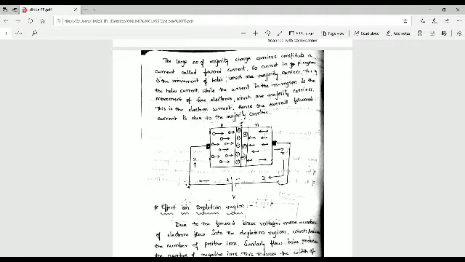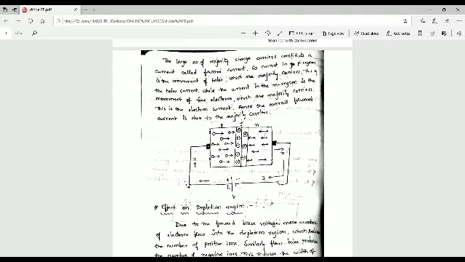As the forward voltage is increased, at a particular value the depletion region becomes very narrow, such that a large number of majority charge carriers can cross the junction from P type to N type.